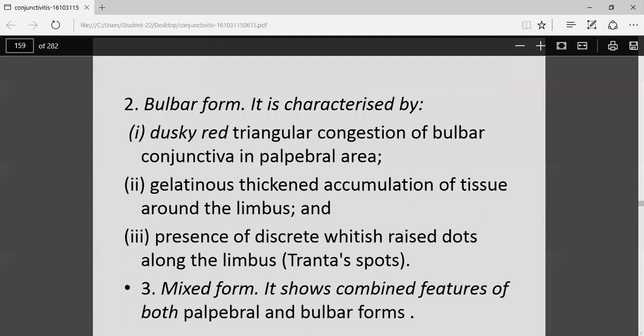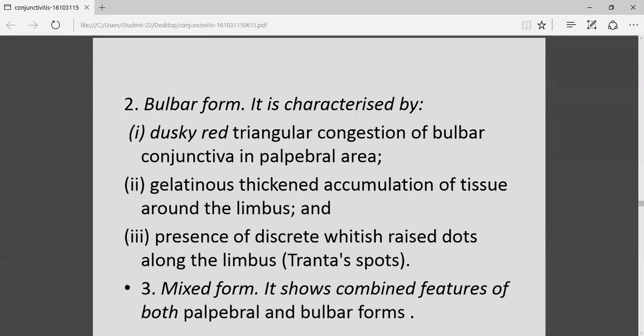Yes, over here. Now, these glistening dots just around the limbus are called Trantas dots or Trantas spots. This is the favorite viva question in case of VKC. What are Trantas dots?